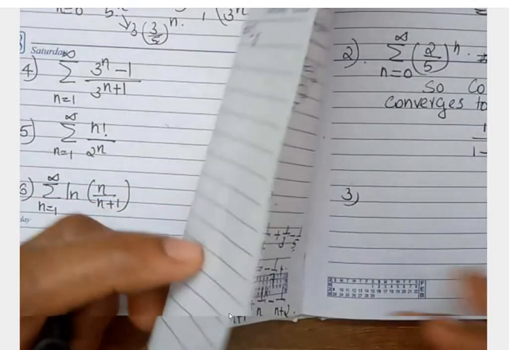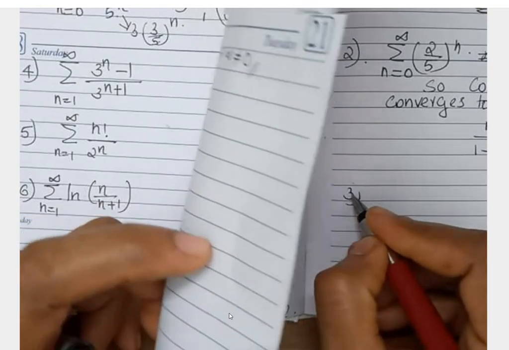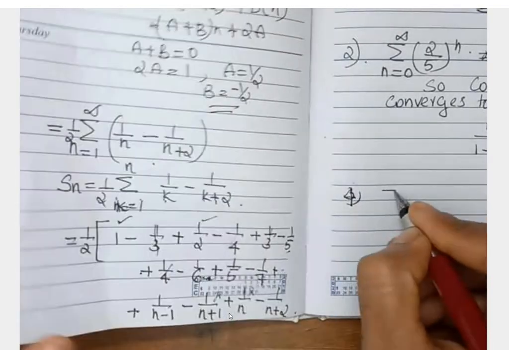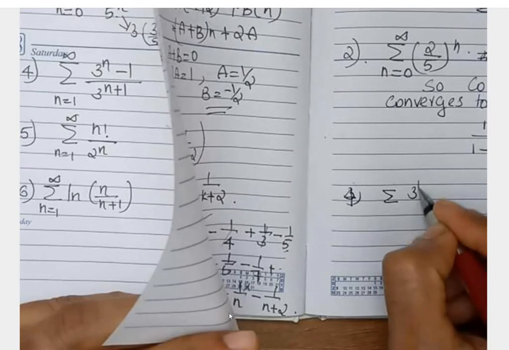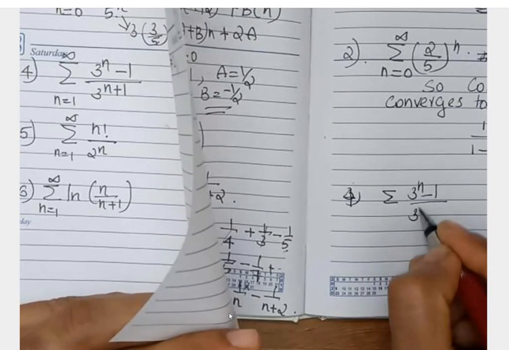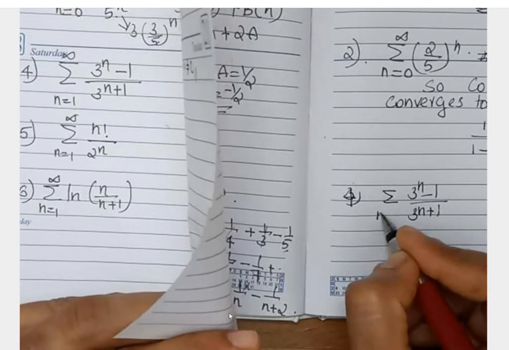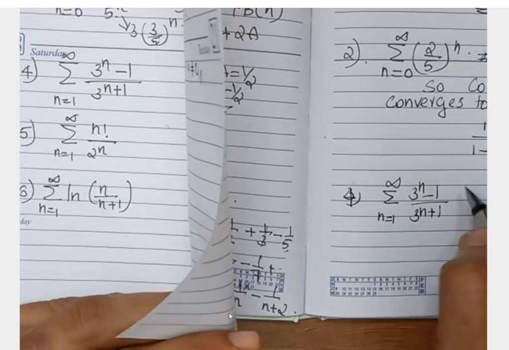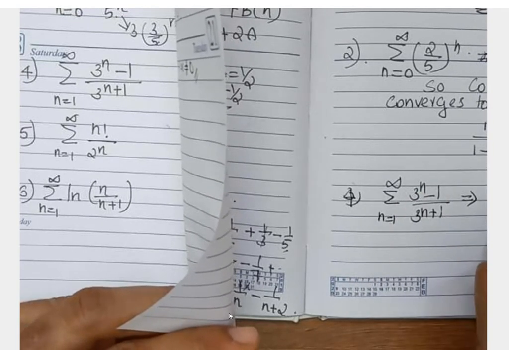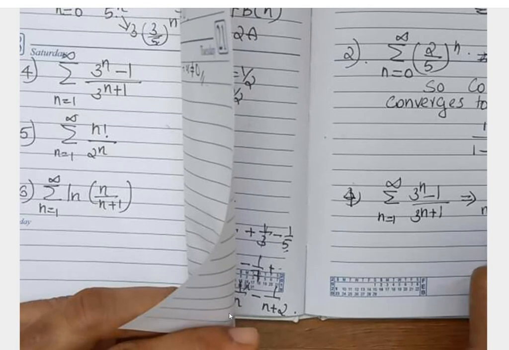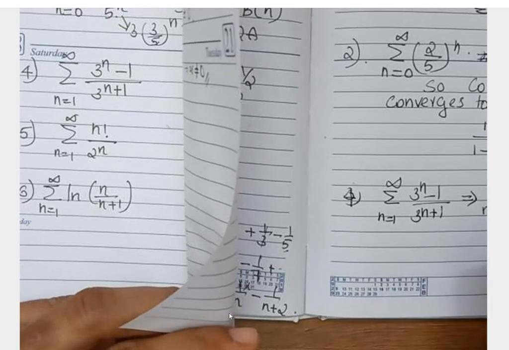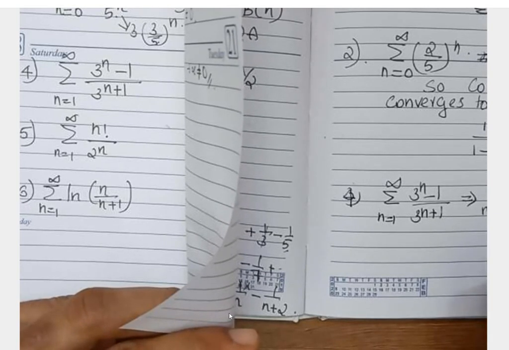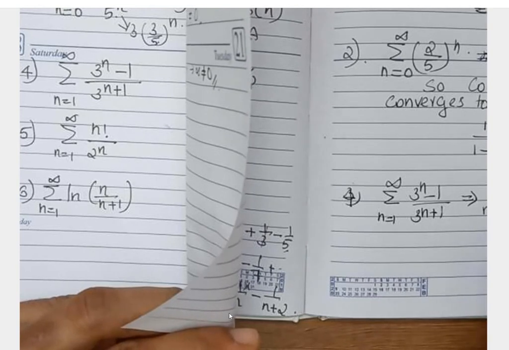Next, the fourth one is the summation of 3 raised to n minus 1 divided by 3 raised to n plus 1, n equal to 1 to infinity, which implies summation n equal to 1 to infinity of 3 raised to n divided by 3 raised to n plus 1, minus 1 by 3 raised to n plus 1.